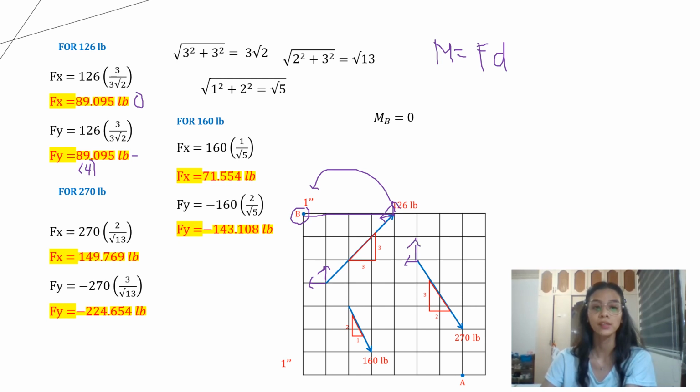So our Fx is clockwise to the point B, so it is positive 149.769 pounds times 2, since the boxes are 2. Our Fy is negative since it is counterclockwise: 1, 2, 3, 4, 5 boxes, times 5.